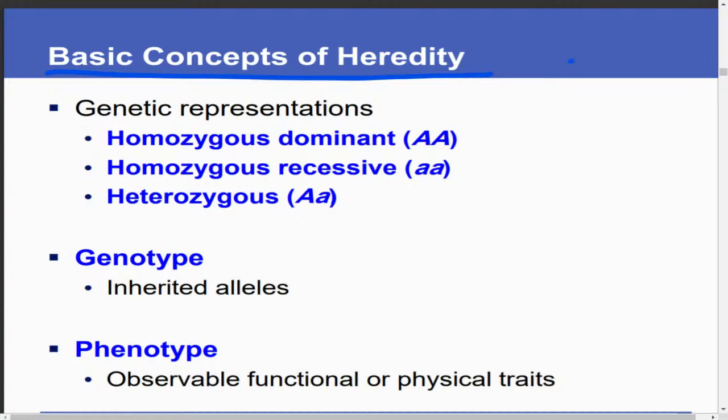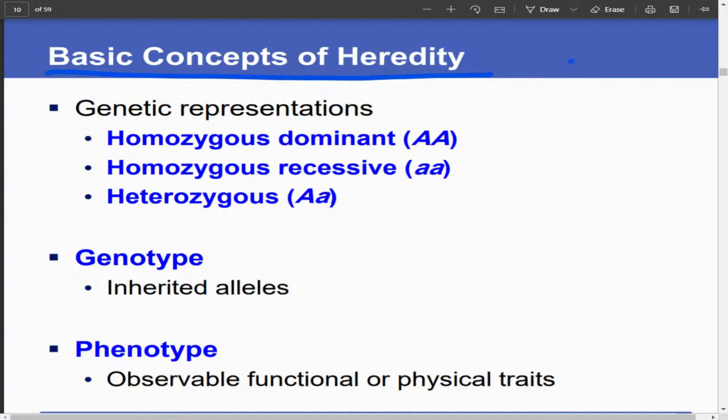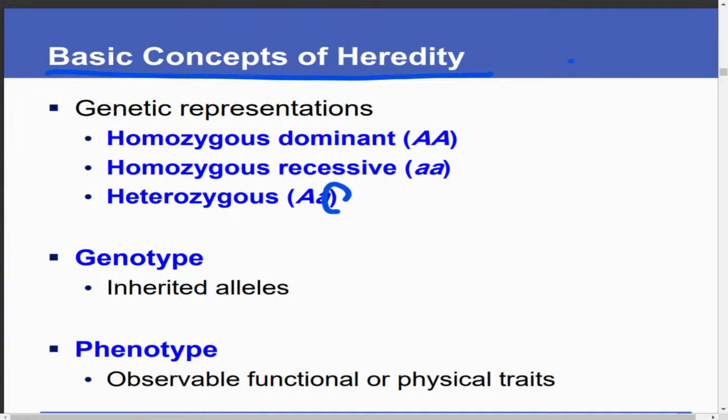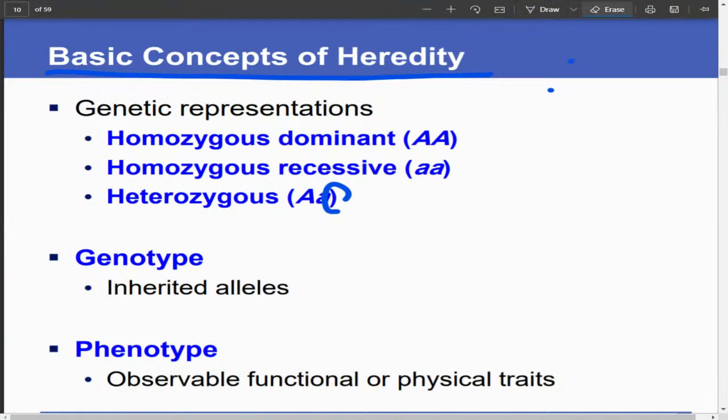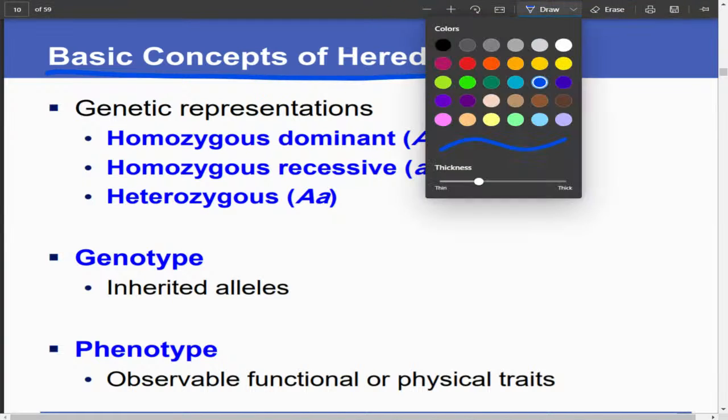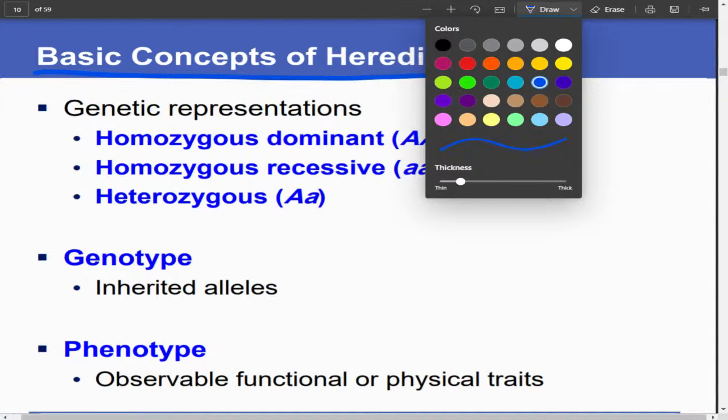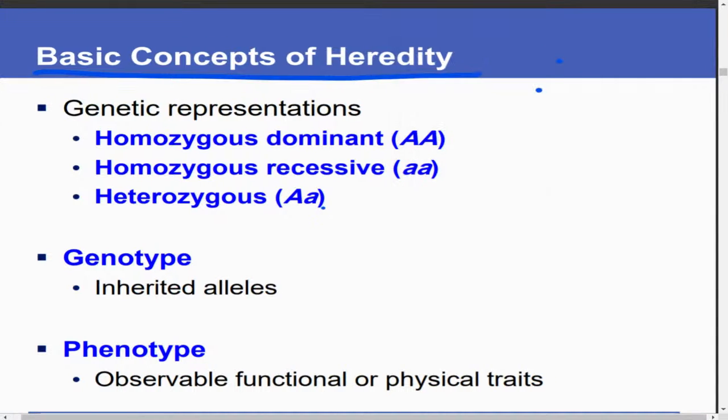We can point out which one is the recessive and which one is not recessive. So here we have the recessive allele, and here we have the dominant allele. This one is dominant, and this one is recessive.